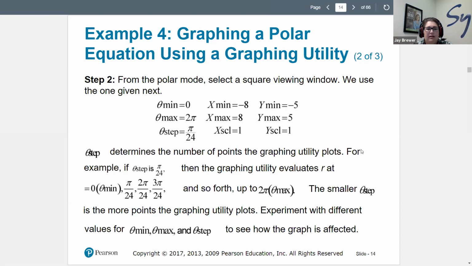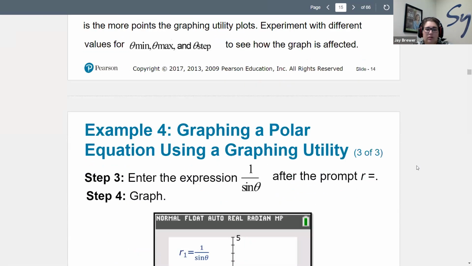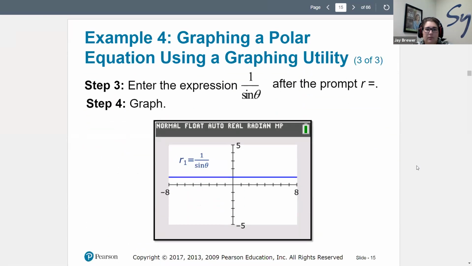The smaller theta step is, the more points the graphing utility plots. So you want to experiment with different values to see how the graph is affected. Again, you can do this, but I would suggest using a different tool. All right, enter the expression 1 over sine theta after the prompt r equals, and then graph.